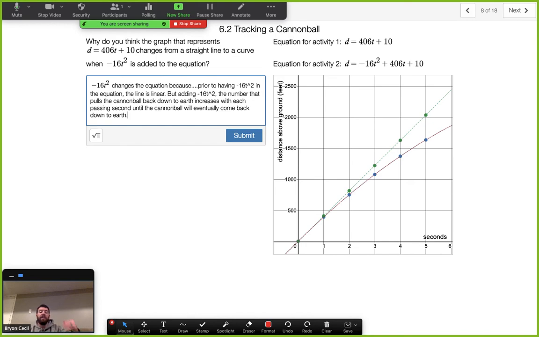Now I'm taking negative 16 times 9, and that's where it gets really crazy. That amount just keeps building until after so many seconds, that 406 times time plus 10 isn't bigger than the pull of gravity, and gravity will eventually overtake it and bring it back down to the ground.